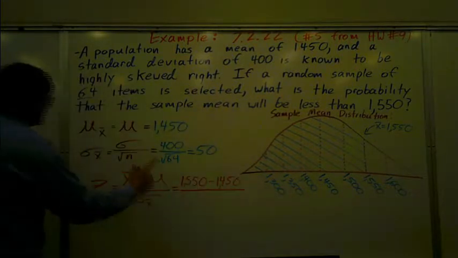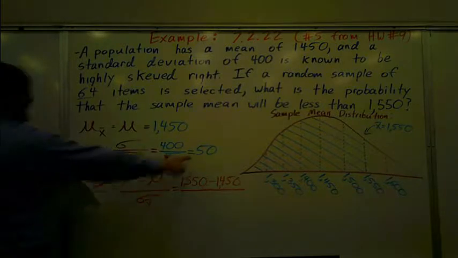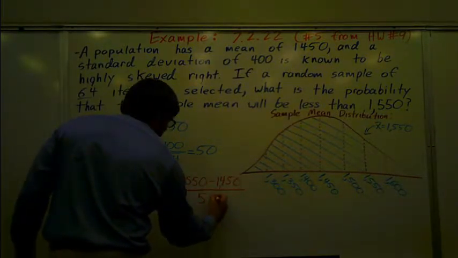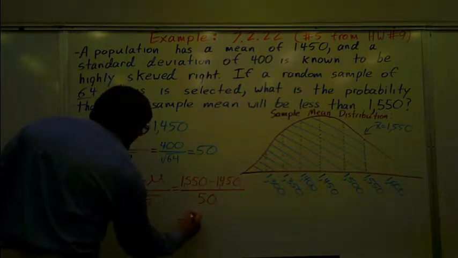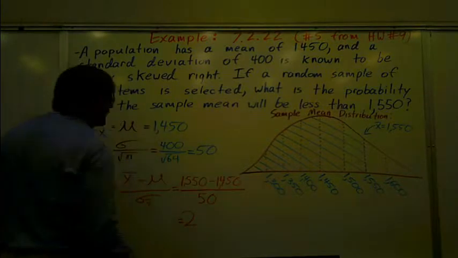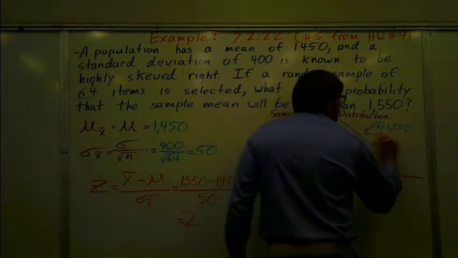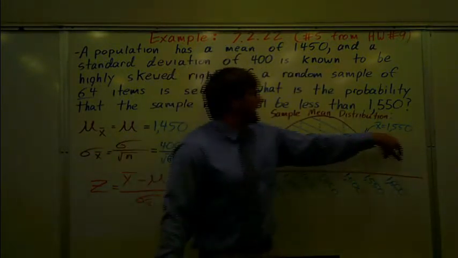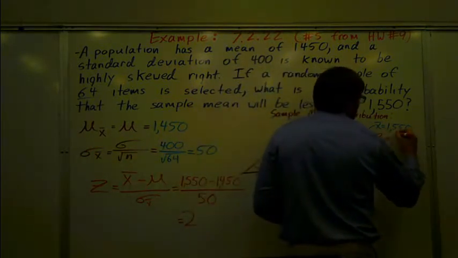And that's all divided by the standard deviation of the sample means, and that's going to be 50. Calculate that out, and that comes out to be a 2. So the z-value that corresponds with our x bar value of 1,550 is going to be a positive 2.